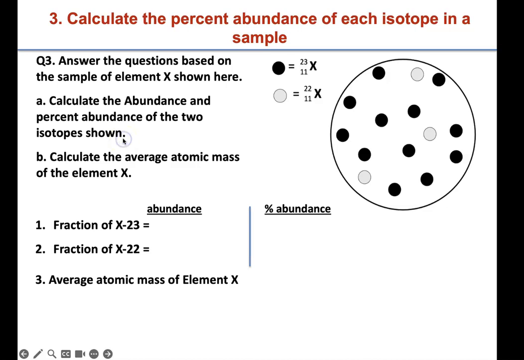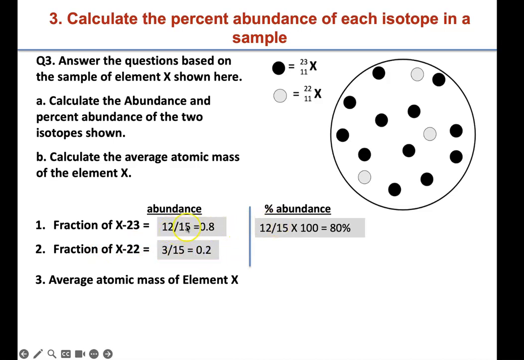So first thing you're going to do is draw a table, abundance times percent abundance. You're going to count all the X23s, the black ones. So you count 1, 2, 3, 4, 5, 6, 7, 8, 9, 10, 11, 12. And there are 3 of the other guy, right? So it's 12 out of 15 total atoms, which is 0.8. And that would be 80%. And this one is 3 out of 15, that is 20%.